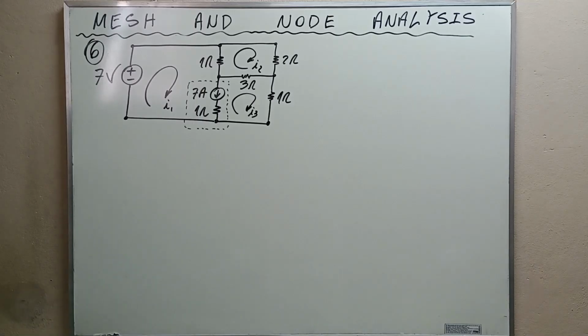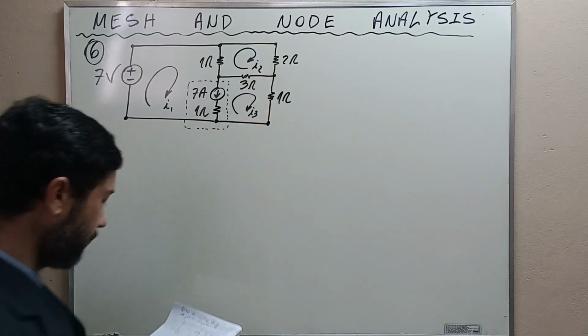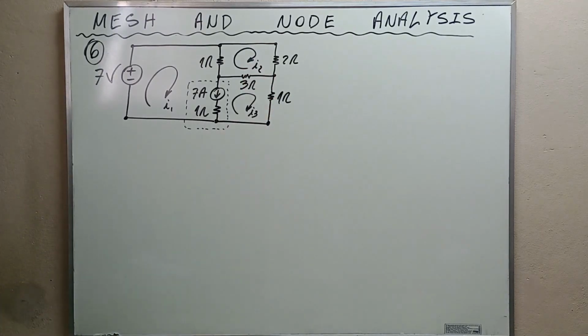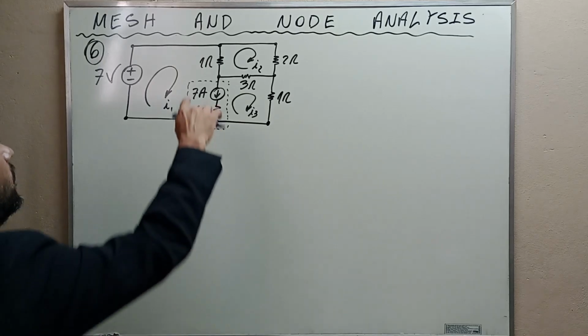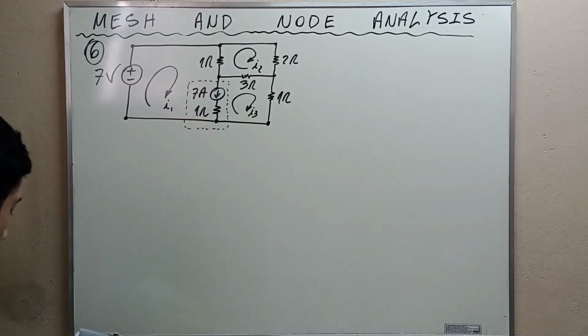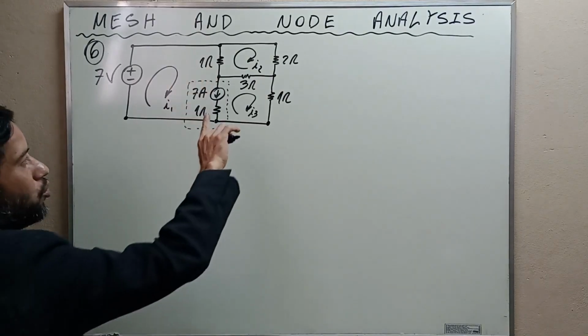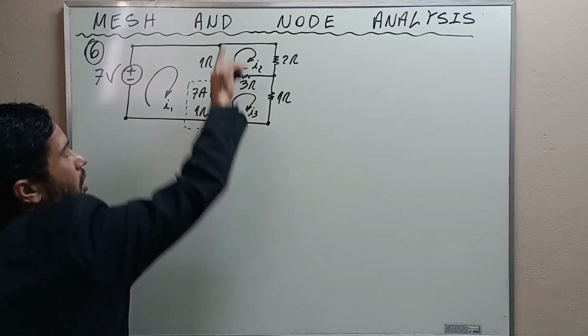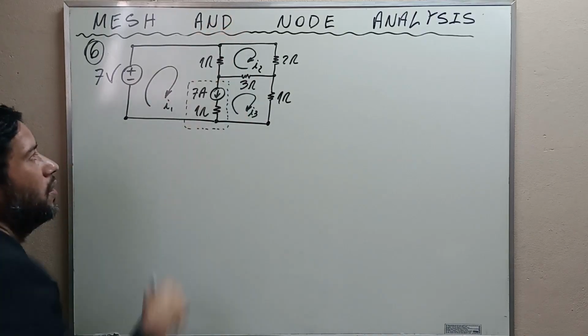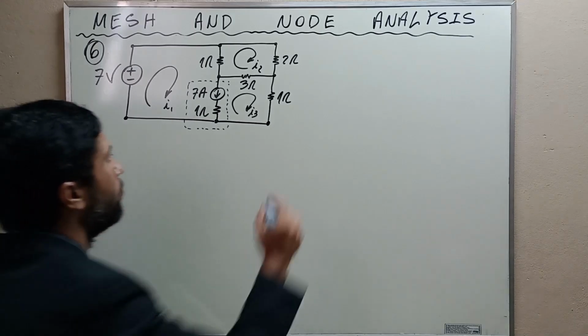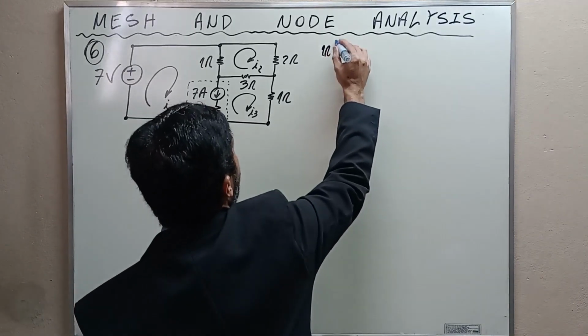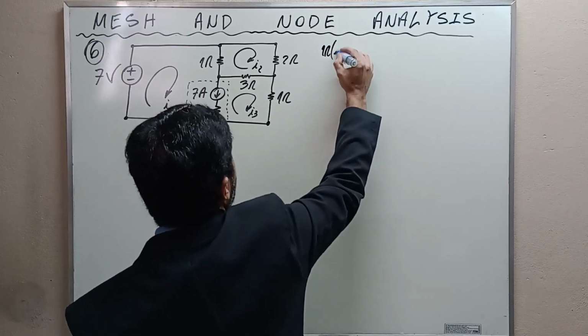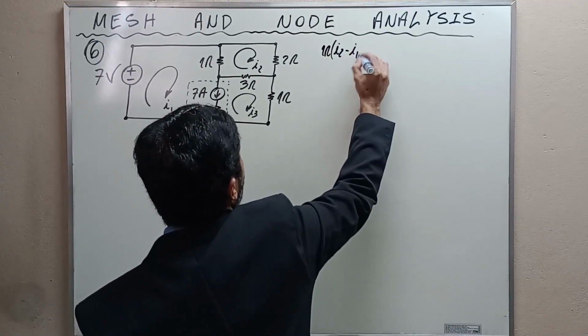And applying KVL to mesh 2, this here, we obtain that, firstly, let's consider this 1 ohm resistor. Observe that while I2 goes upward here, I1 goes downward, then it is going to be 1 ohm multiplying I2 minus I1.